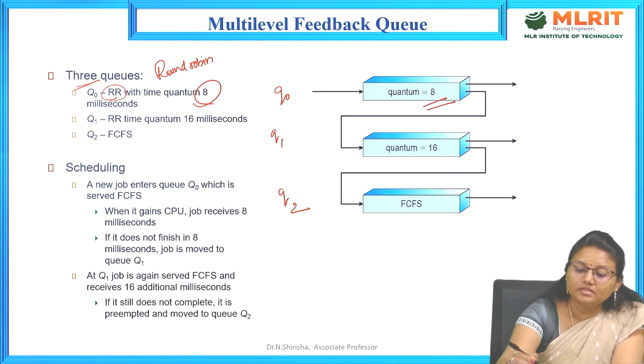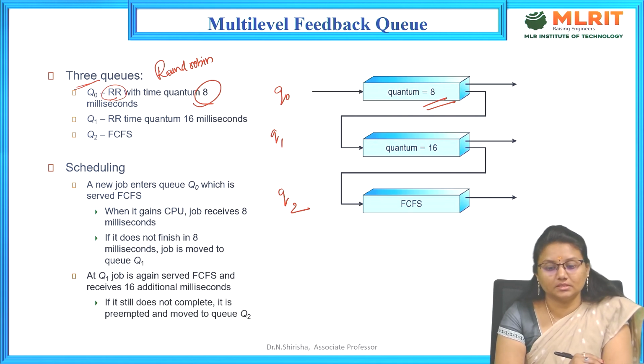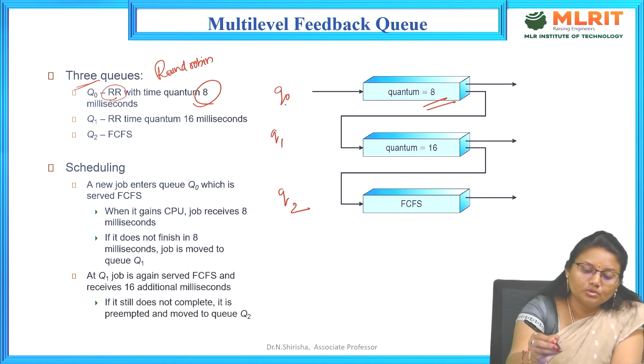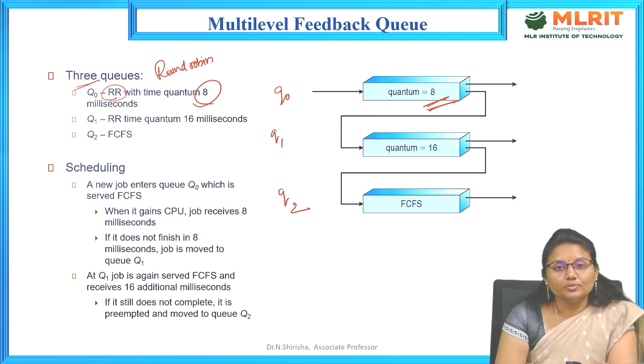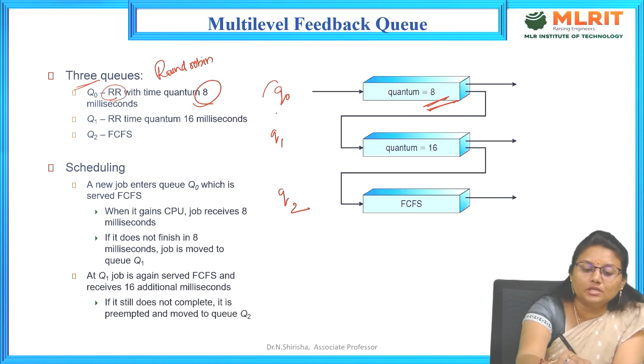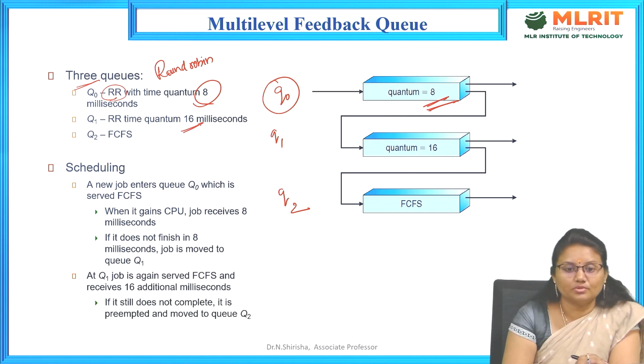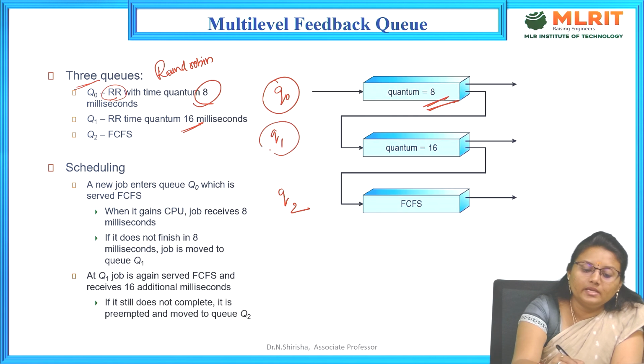So what is the time quantum? Time quantum or time slice, both are the same in the round robin algorithm. If you want to know what round robin is and how it works, you can go to the previous session where round robin is discussed. So when the Q0 queue has a set of processes with a quantum equal to 8, the processes whose burst times are lower than 8 will come under Q0. The processes having 16 milliseconds round robin will lie under Q1.